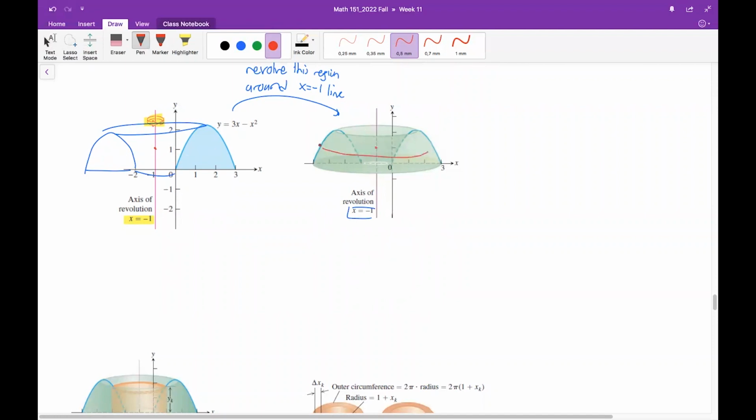You can slice your three-dimensional object into rings like this, so that these are your cross sections, and you can try to express the area of this cross section in terms of y, because this will be your inner radius, and let's use green for the inner radius, and from the center to here will be your outer radius. So you will try to express them in terms of y. Everything will be in terms of y because your slices, the cross sections, are summed up along the y-axis.